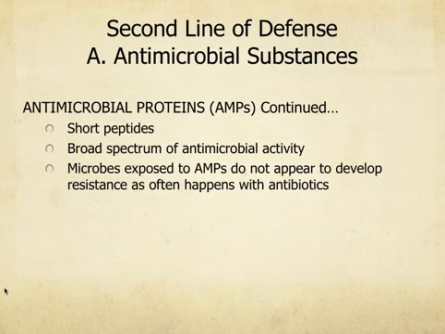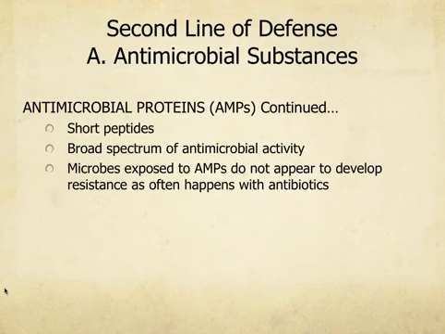We're seeing that with a lot of microbes these days that are resistant to different antibiotics. But interestingly enough, with these antimicrobial proteins, the microbes can't out-evolve them, so they can't develop a resistance, which is really interesting, and scientists don't know exactly why that is.